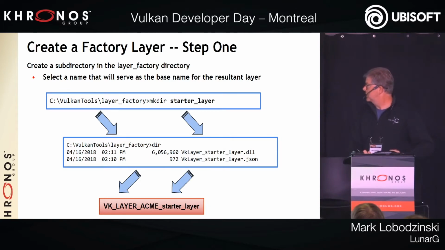The first step is that you create a subdirectory in the layer factory directory in the repo, and that's basically going to be the name of your layer. So if you wanted your layer to be Fred's layer, you would just create a directory called Fred's layer. This will get picked up by cmake later, and that means the factory will generate the supporting files for you, and then your layer name would be called VK layer, whatever Fred's layer.